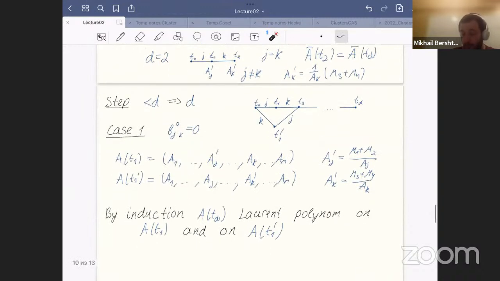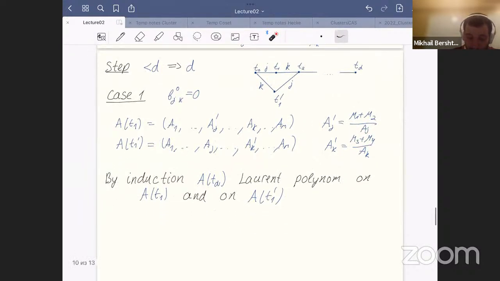What could be in the denominator? We want to say the denominator is a monomial. From this, it follows that the denominator could be only some factor of M1 plus M2 or a monomial. And from the other observation it follows that in the denominator could be only some factor of M3 plus M4 times a monomial.